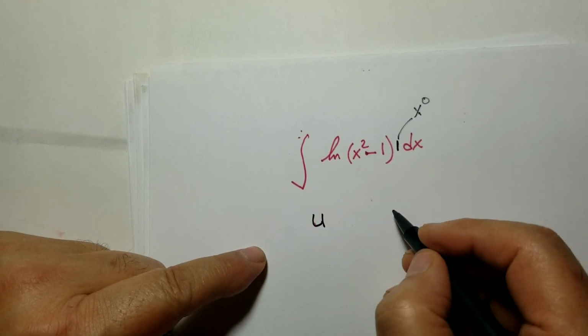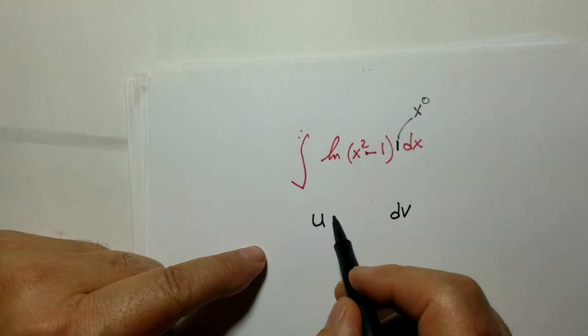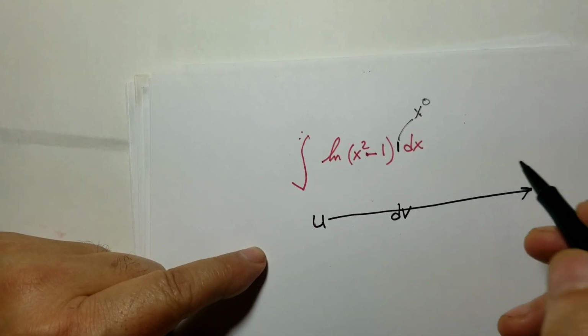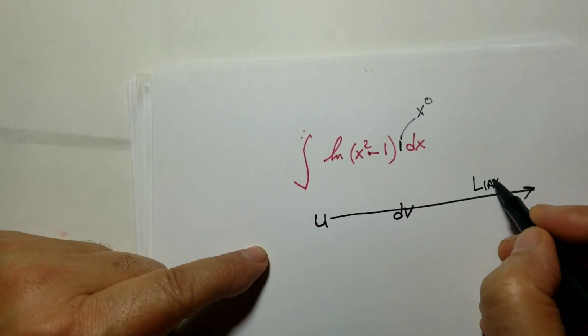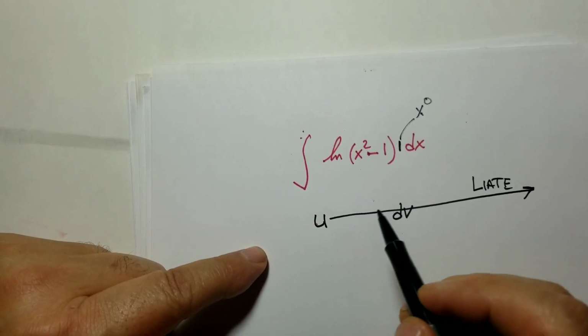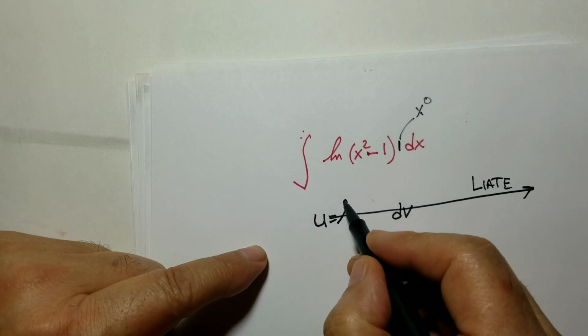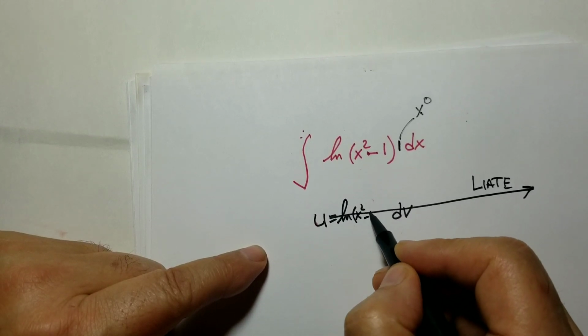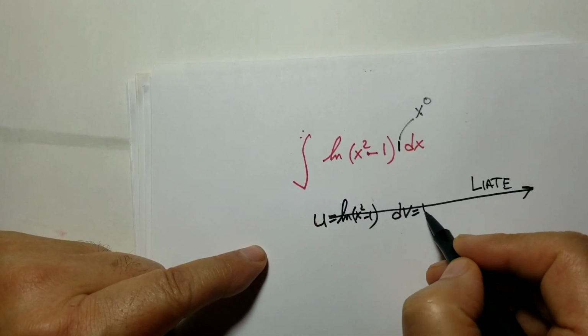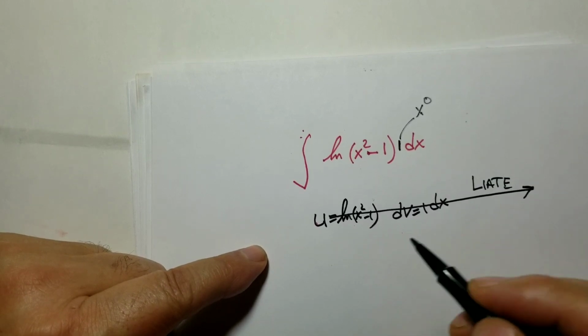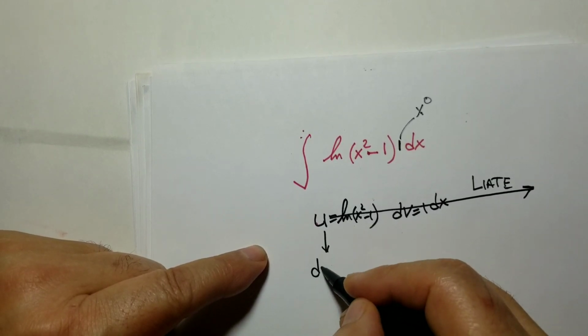This is my u, this is my dv, this is a given side, but I'm going to use LIATE to find that side. Logarithm, right there is your u. What is left is your dv. But what is your du?